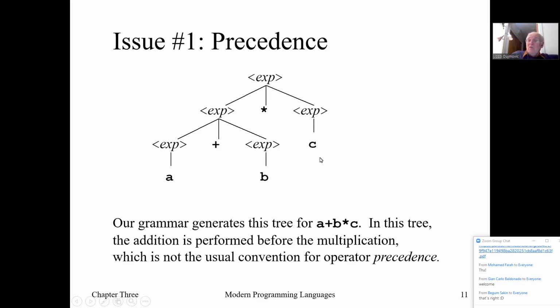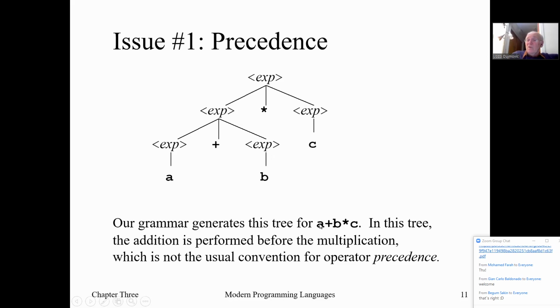A plus B times C is the correct expression, except that the semantics of this is wrong because it is going left to right and not taking into account precedence, because the precedence in algebra is that multiplication has higher priority than addition.